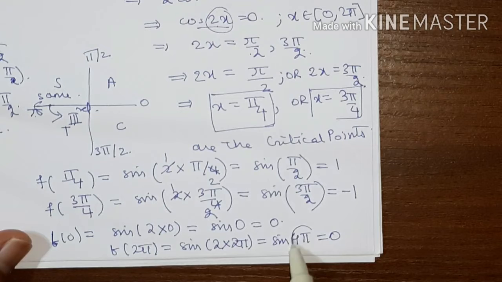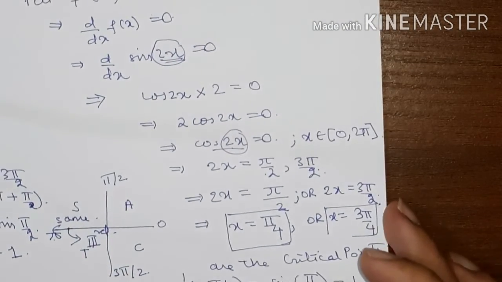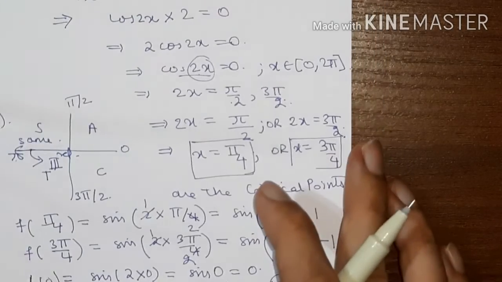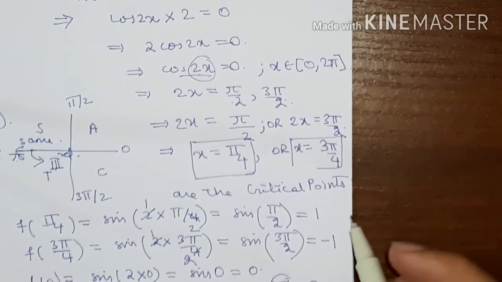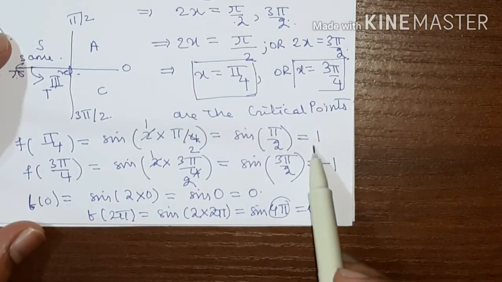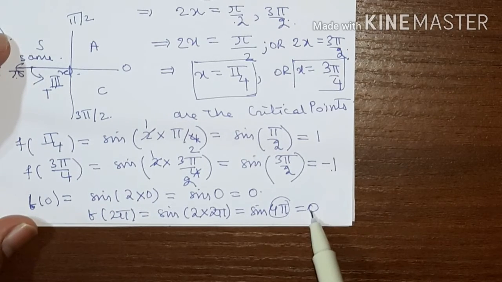Why? Because at any integer multiple of pi, that is important, the sine is 0. So that was the values at the endpoints. So you can see the values of the function: it is 1 here, -1 here, 0 and 0, right?